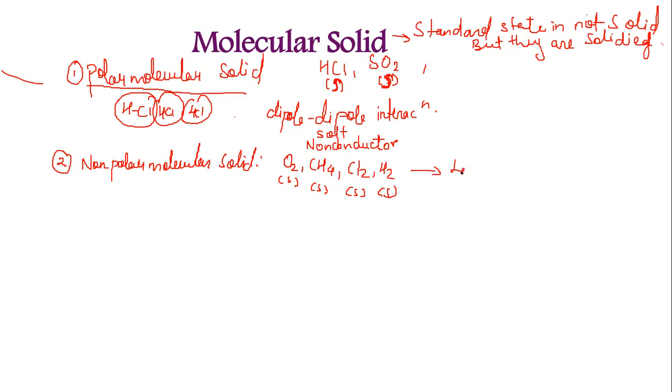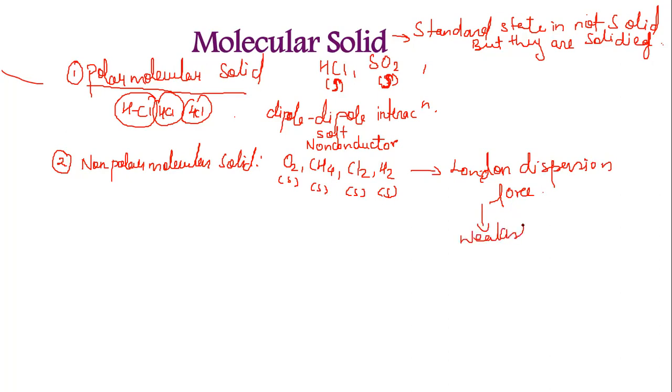Now which interaction is present here? London dispersion force. The interaction which is present is London dispersion force. Now, again, if it is a London dispersion force, then this is the weakest force.